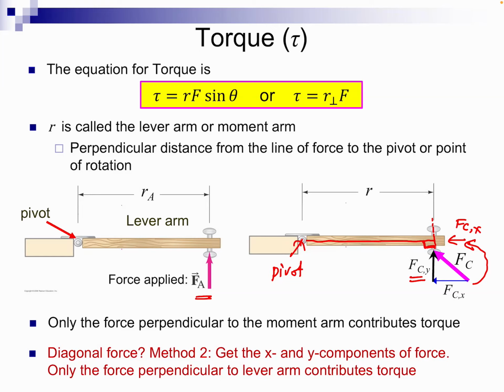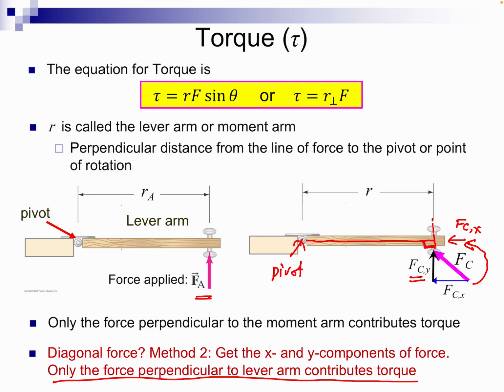Any force that's not perpendicular to the lever, say if I push on this thing in this direction here, assuming it's perfectly parallel to the lever and passes through the pivot point, will not create any rotation. Okay? So that means that the X component or horizontal component of FC will not contribute to the torque. The key idea then is only the force perpendicular to the lever arm will contribute to the torque. Okay.